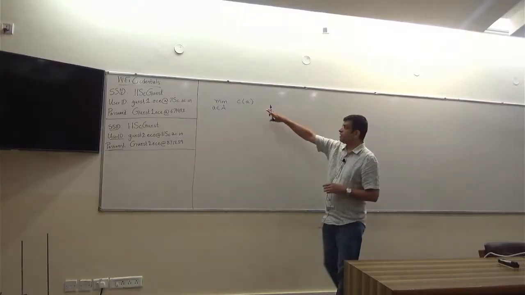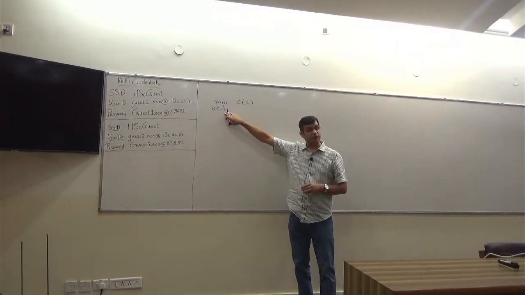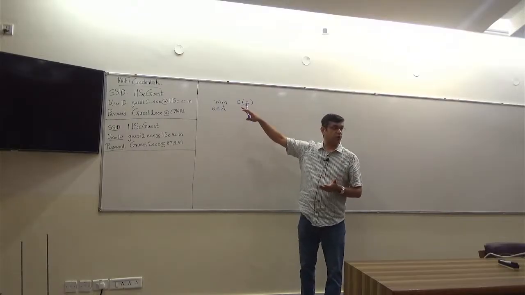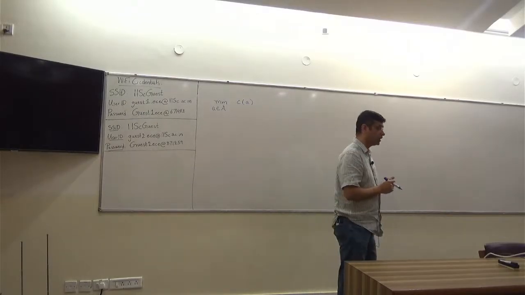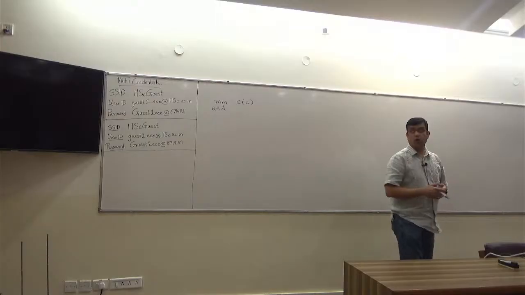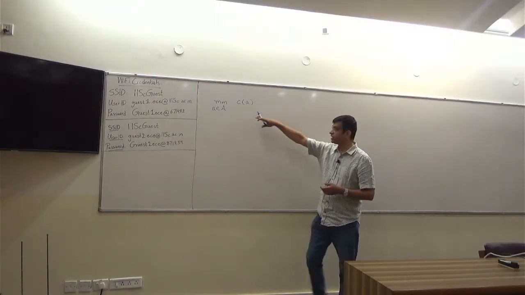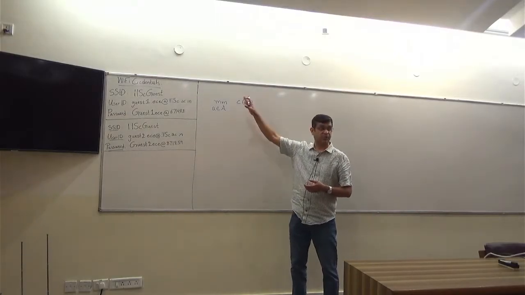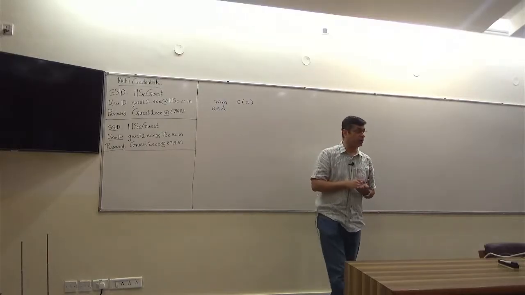When this cost function is linear and my constraint set is a convex polytope, this converts to a linear program. If my cost function is convex and my set is a convex set, this becomes a convex program, and so on.